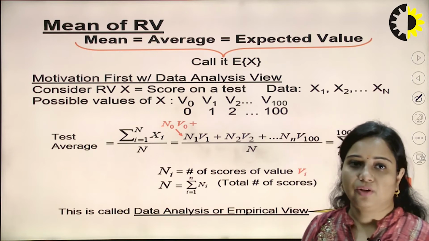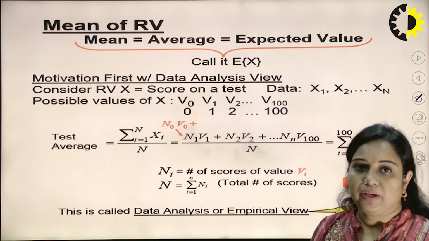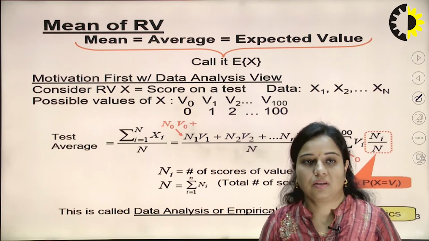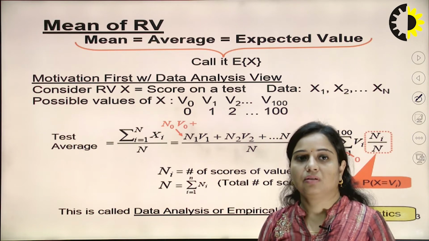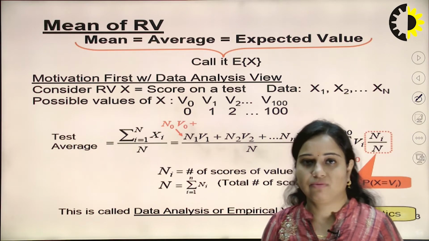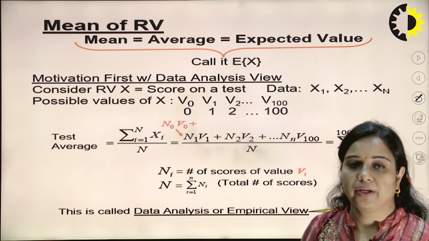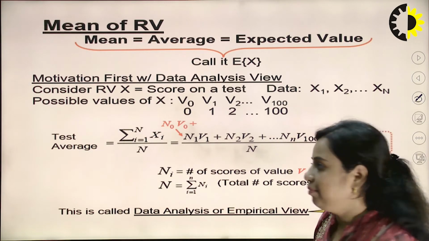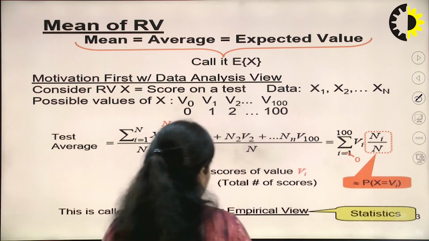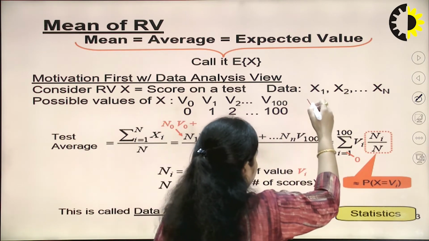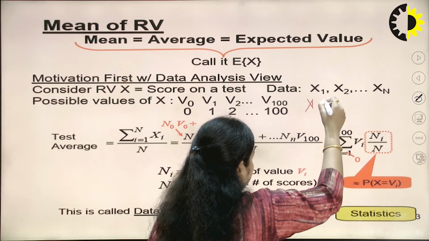Next is the mean of a random variable. The mean of a random variable is equal to the expected value that we have to calculate, and the expected value formula is very simple. It can be calculated from any PDF of a given random variable. Let us say we have a random variable x, and we have to calculate its mean.